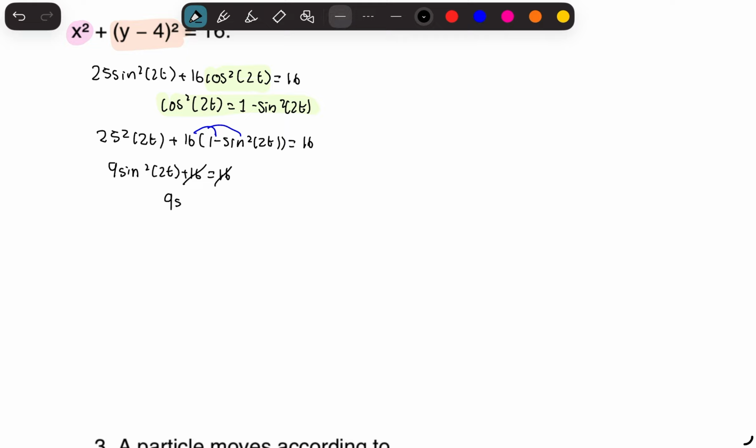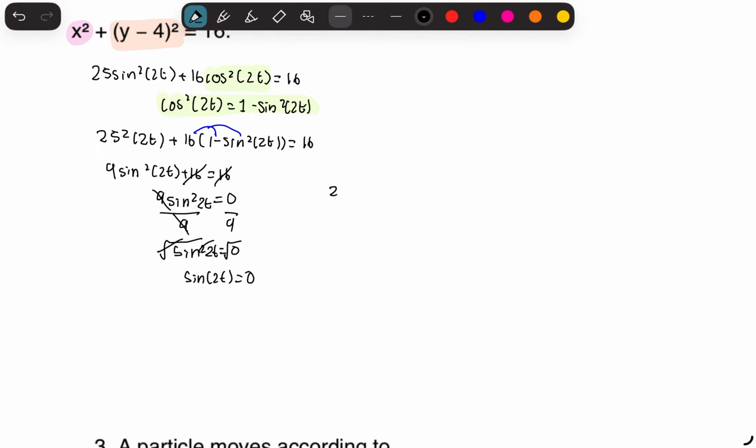16s will cancel out, and if you divide both sides by 9, that will cancel out, so this is equal to 0 over 9. Sine squared 2t is equal to 0. Take the root, and sine of 2t is equal to 0.